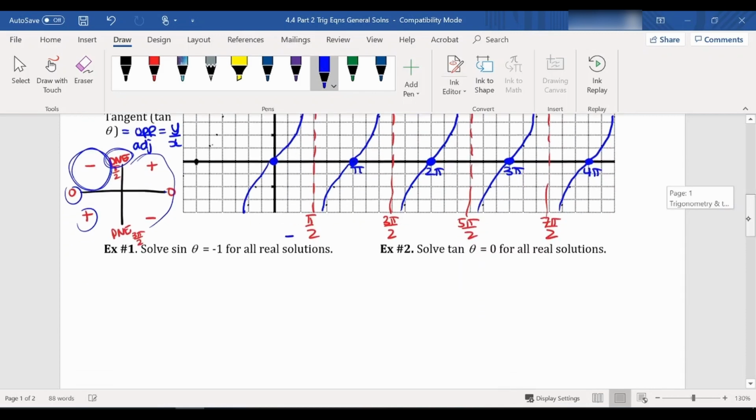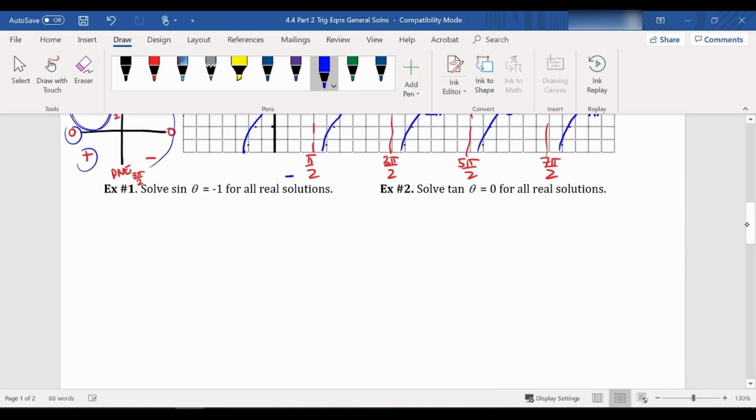So let's try some questions. Okay. So if we want to solve sine theta equals -1 for all real solutions, we know that sine theta is equal to -1 on the negative axis, which is at 3 pi over 2, right?